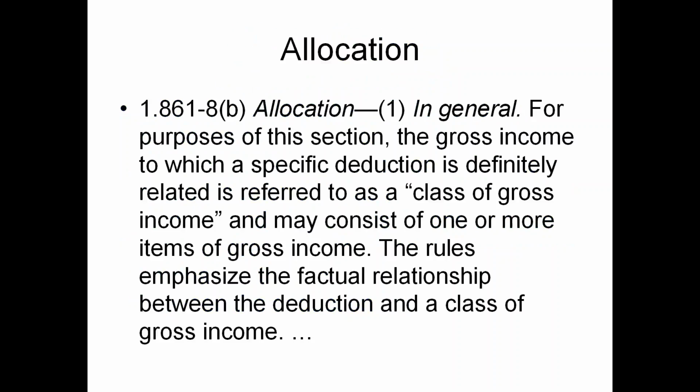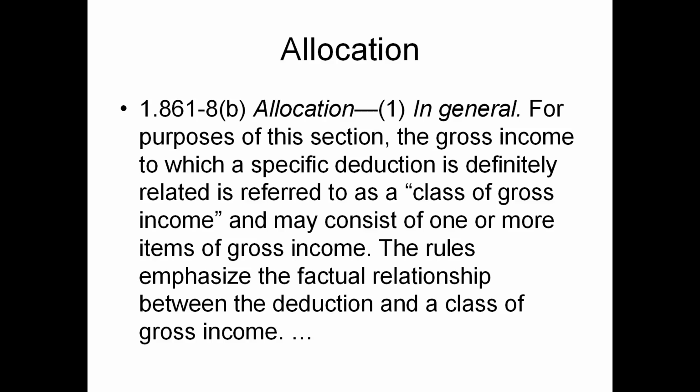So let's talk a little bit more about allocation. Again, I'm going to read this. For purposes of this section, meaning 861-8, the whole thing, the gross income to which a specific deduction is definitely related is referred to as a class of gross income and may consist of one or more items of gross income.